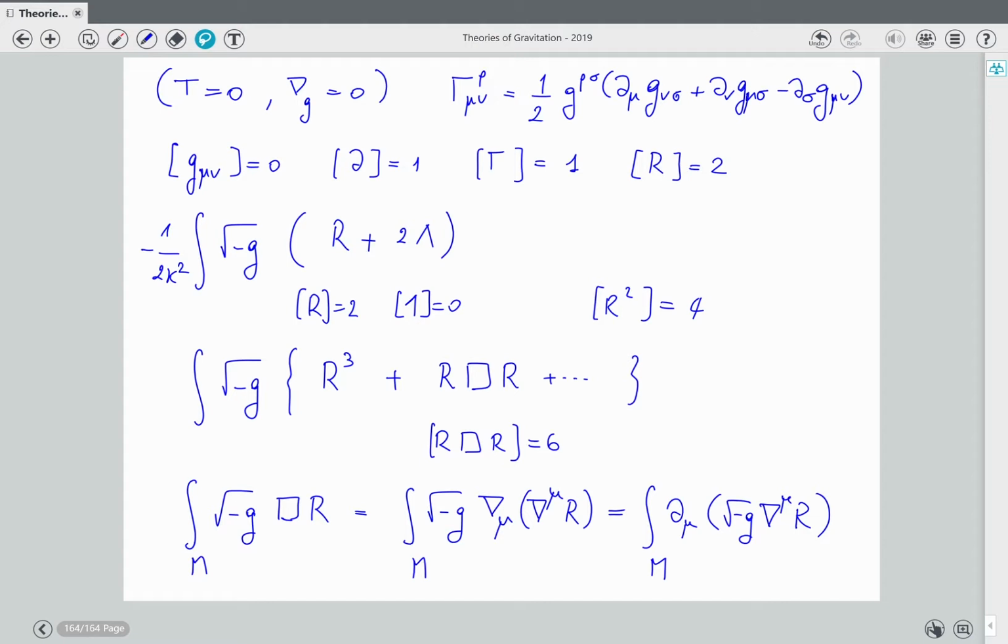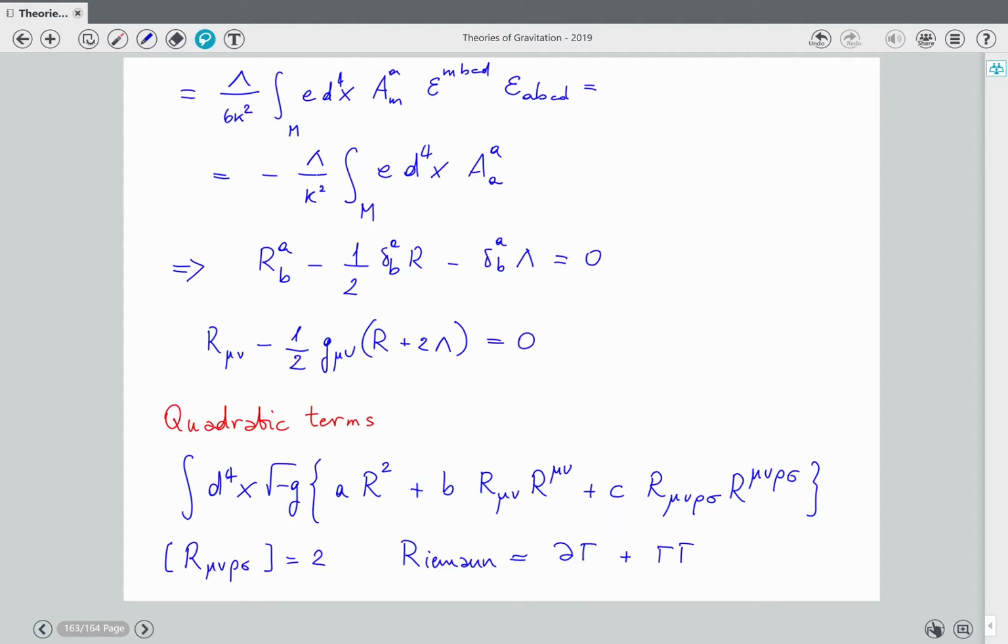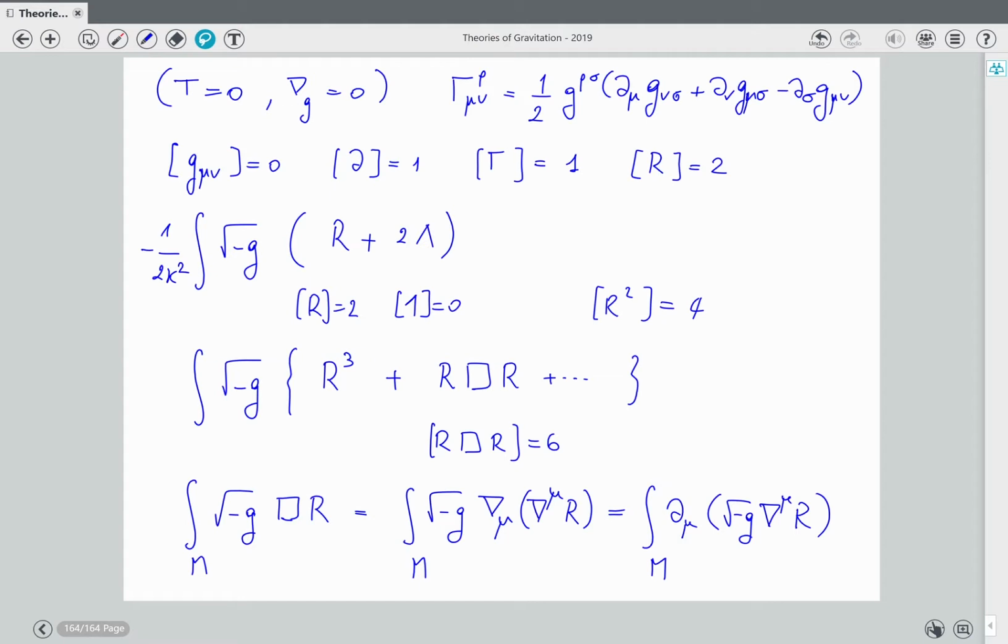And then there is another term which, if you ask yourselves how many ways you have to contract two Riemann tensors. So you cannot use covariant derivatives. What else can you write?